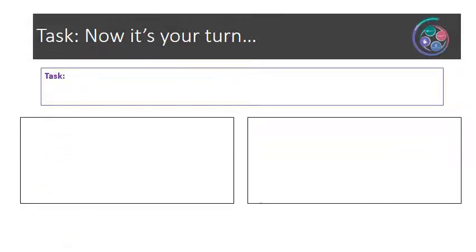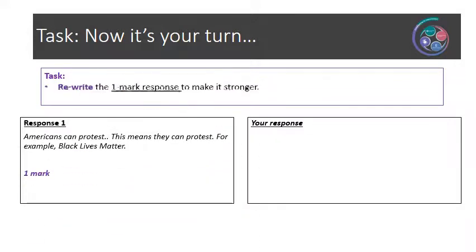So now it's your turn. Thinking about what we've seen in the last slide, rewrite the 1 mark response on the screen to make it stronger. In this case, what you should try to do is try to add detail to your Black Lives Matter example.